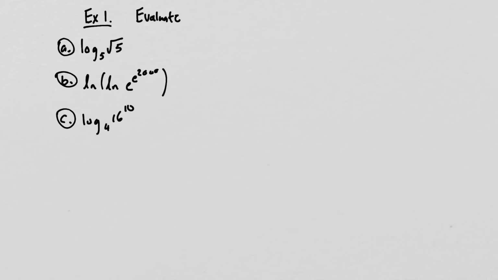We'll start with part A. Here we notice that we have log base 5 and 5 raised to some power, as the square root is the same thing as raising something to the 1/2 power. Rewriting this as the log base 5 of 5 raised to the 1/2, we can use our property of canceling out the logarithm and the exponential and leaving just the exponent, which is going to leave us with 1/2.